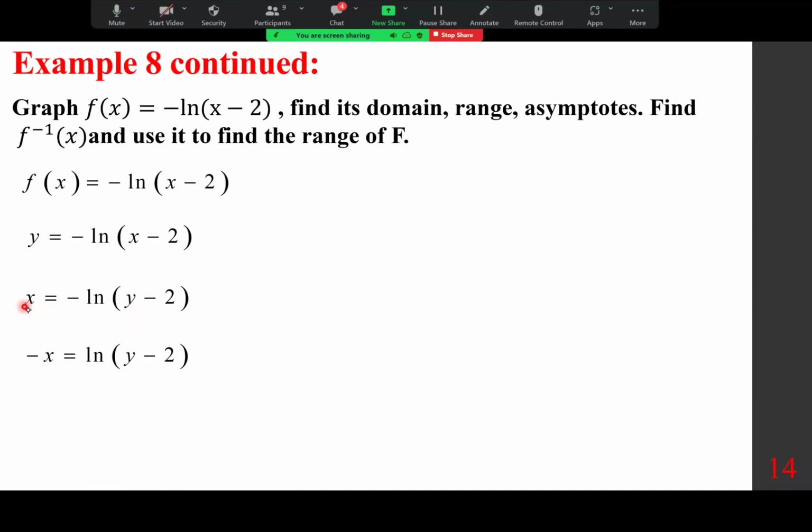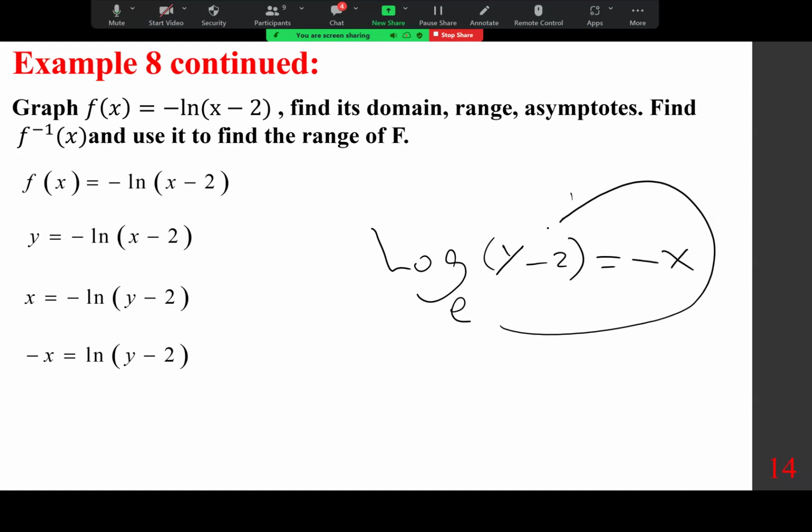Now remember, think about this. Let me rewrite so it makes it easy for you to see that. Think about this as log base e of y minus 2 equals minus x. And now go with this arrow.